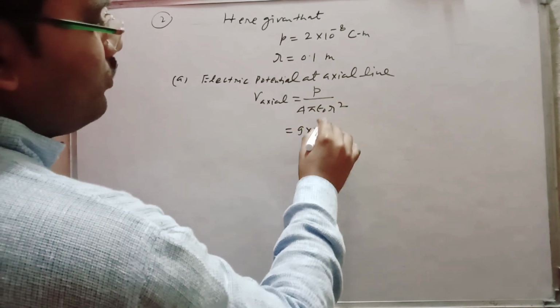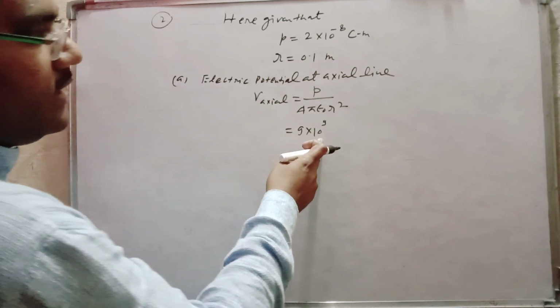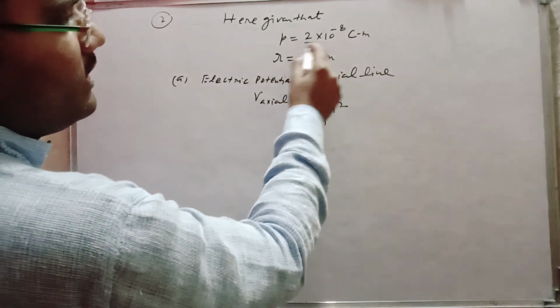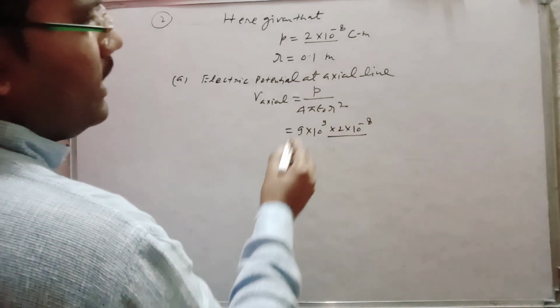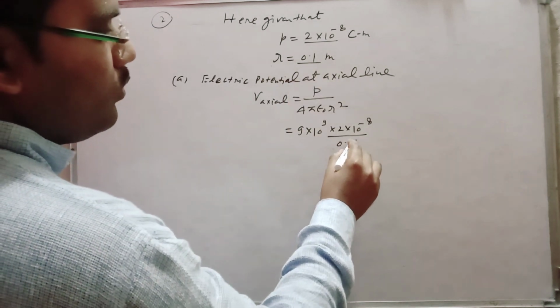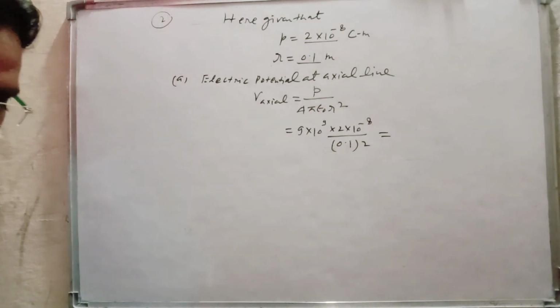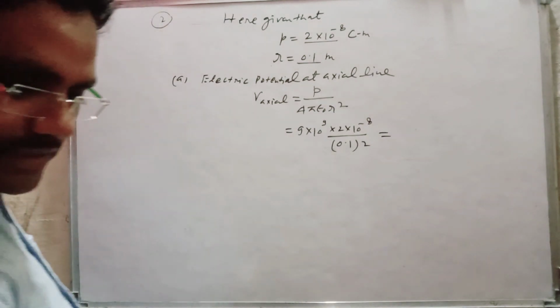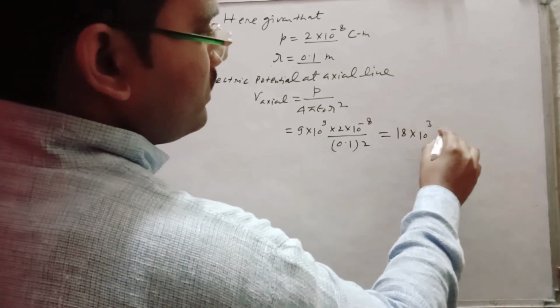Now substitute the value of 1 divided by 4 pi epsilon naught, 9 into 10 to the power 9, and the value of p is 2 into 10 to the power minus 8, and r is 0.1 square. If we solve it, we get 18 into 10 to the power 3 volt.